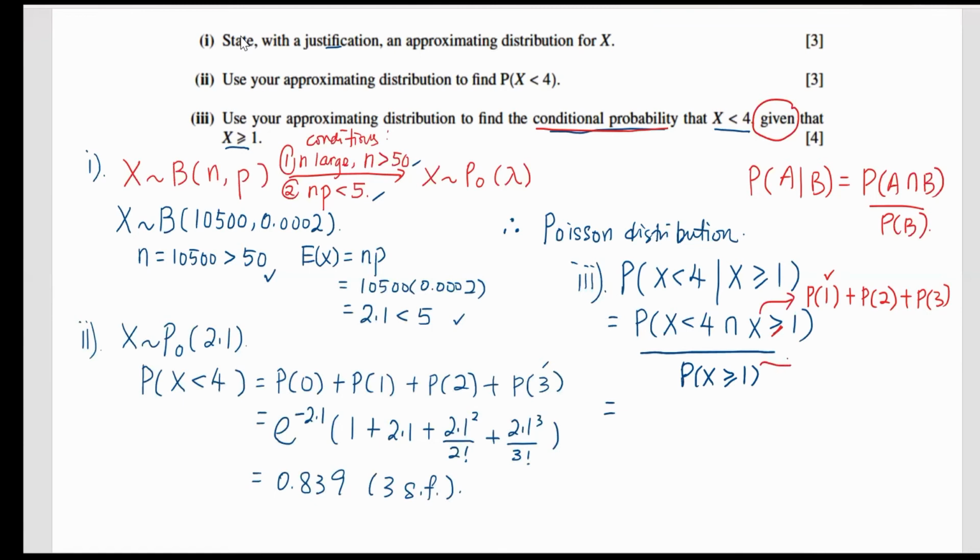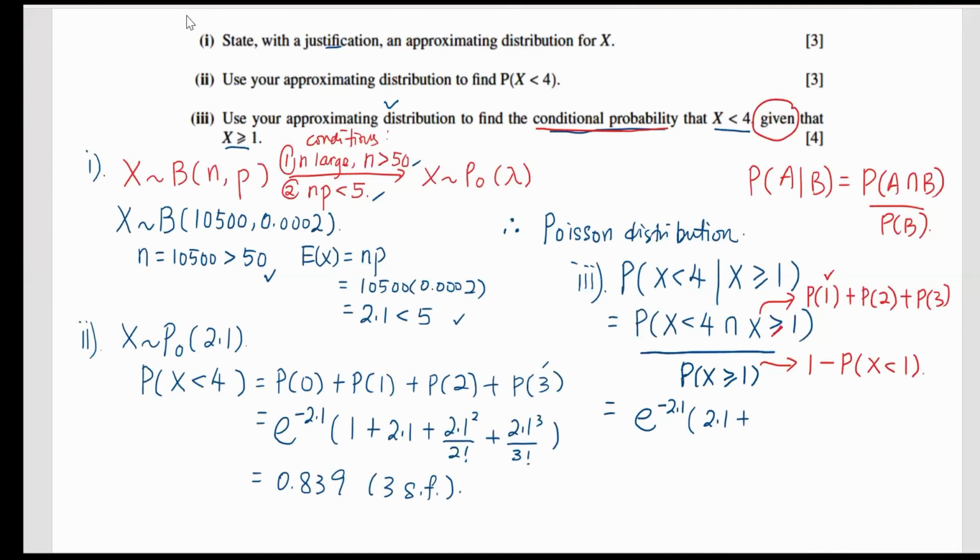As for the denominator, since we are looking for the probability that X is greater than or equal to 1, we are going to find 1 minus the probability of X less than 1. So use the Poisson distribution again, since the question says using the approximating distribution. The numerator probability is e to the power of negative 2.1 for the 1, so 2.1.